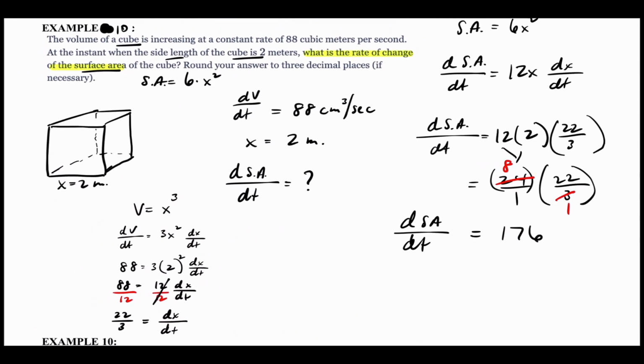It's an area, so it's going to be meters or centimeters. Oh, wait, I totally missed something. No, I didn't. It said cubic meters at the top. Yeah, I did say cubic meters. So I put centimeters here, it should be cubic meters, right?